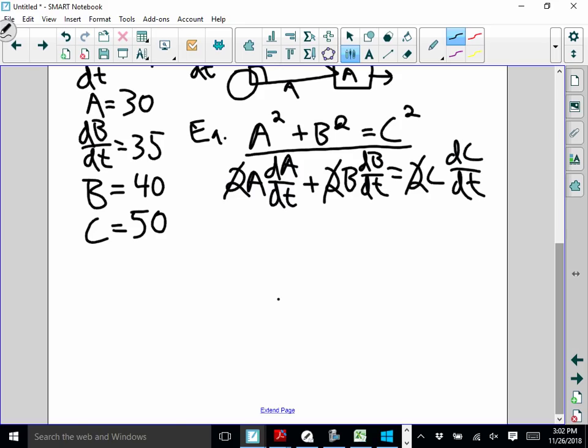So here's what I have. I have A times dA/dt plus B times dB/dt equals C times dC/dt. If you don't cancel out those 2's, it'll still work. You'll just need to reduce on your last step.